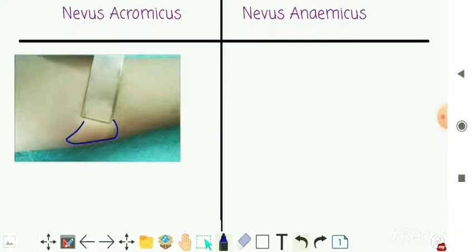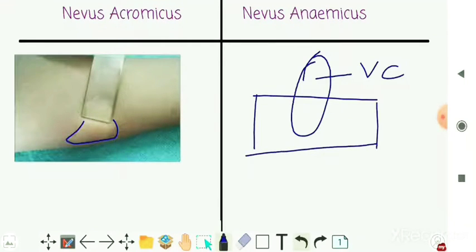But in nevus anemicus, if you take vasoconstricted skin and press a glass slide over it, this skin will blanch. This area of the skin which is under the glass slide will blanch, and here you can see in this area the blanching is not seen. The area which is depigmented remains depigmented. The blanching is not seen in nevus achromicus, but the blanching is seen in nevus anemicus.